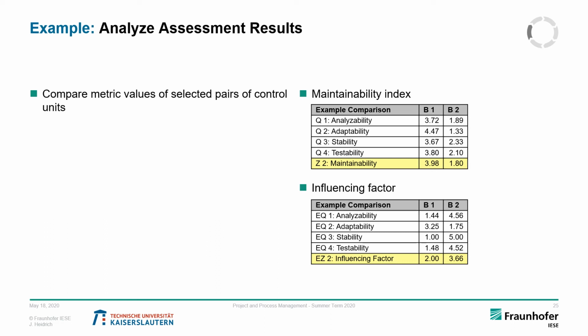Here you see two examples of how we compared control units with each other. Here we have a control unit software B1 and a control unit software B2, and we basically have, as you see here, a very good evaluation for B1. Remember, the scale is between 1 and 5, and a not so good value for B2 with 1.8.